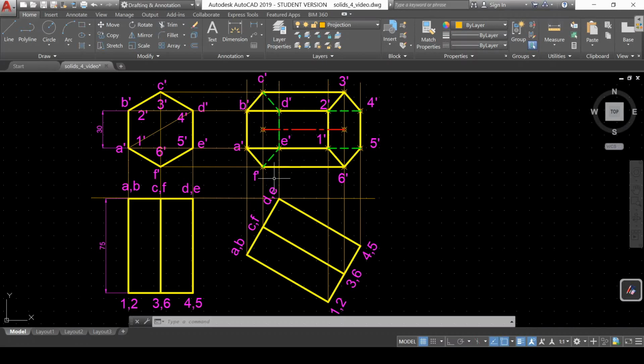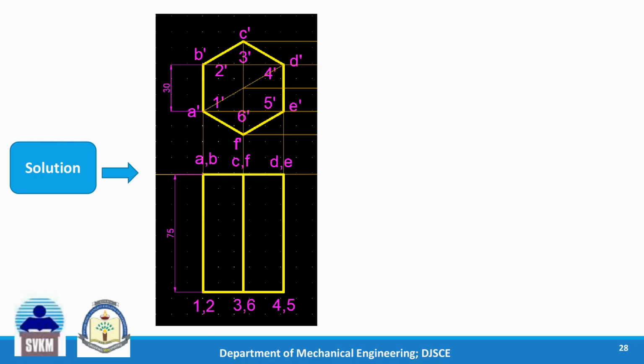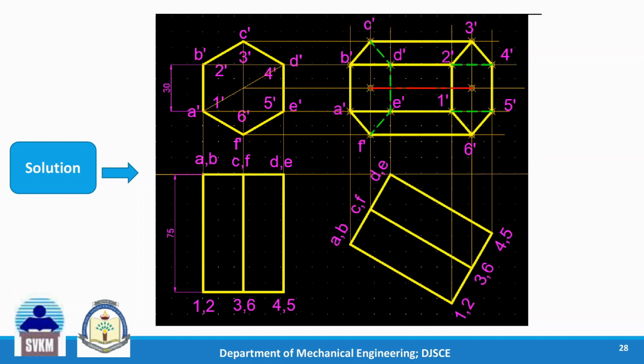So that is what is being done here, hidden lines, and then the axis line is shown with the center line. So this is the solution.